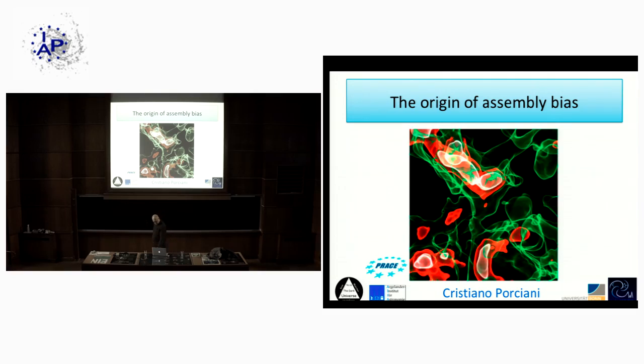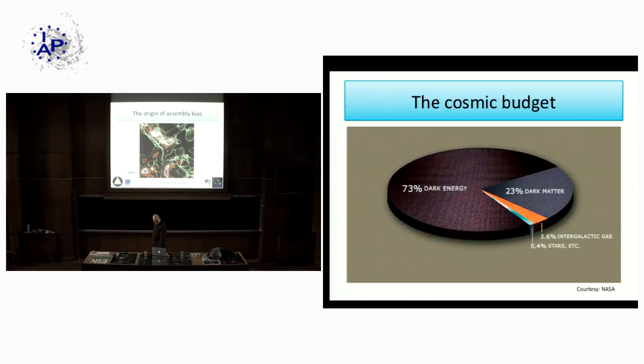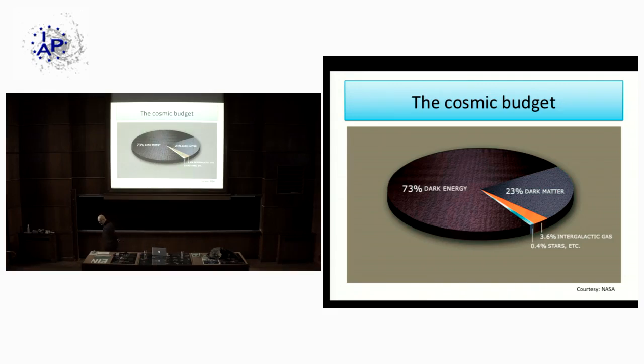So, for those who work on very different fields, you probably saw this picture thousands of times. The current leading cosmological model, which is based on standard physics, actually includes some elements which are not well clear what they are.